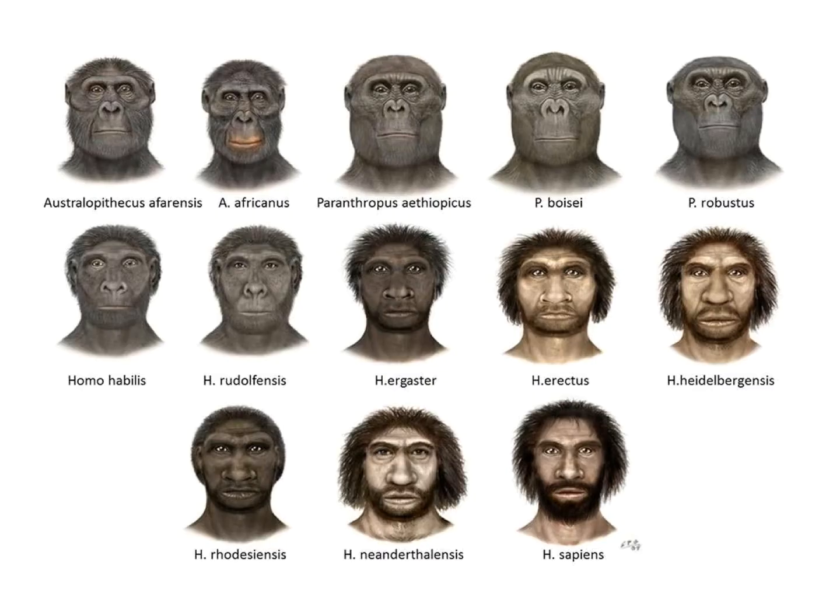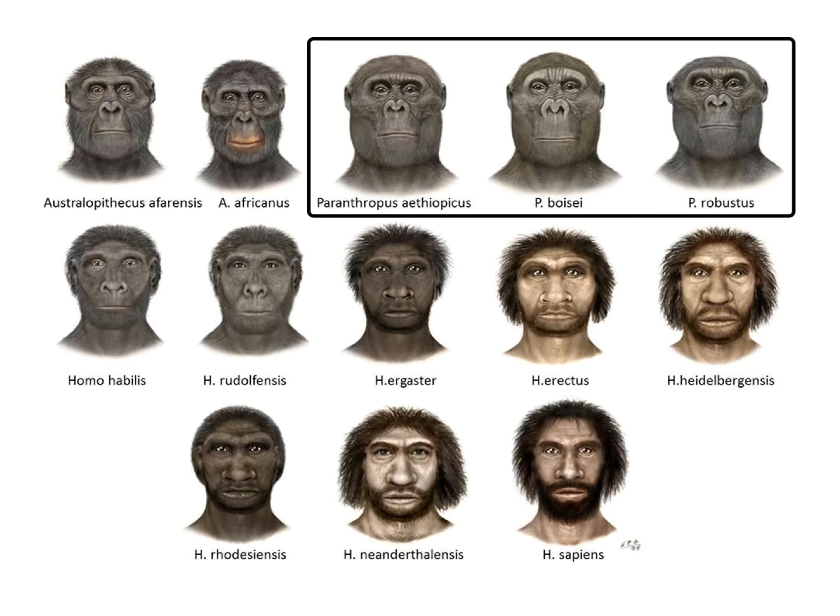So here are a few artist reconstructions of some of the species. Up here are the Australopithecines, a couple of different ones. These are some of the earliest human-likes or hominins. And then Paranthropus was a little later, going off of a different line.